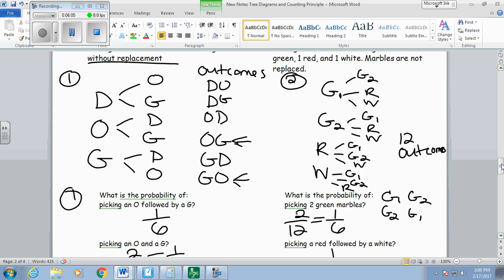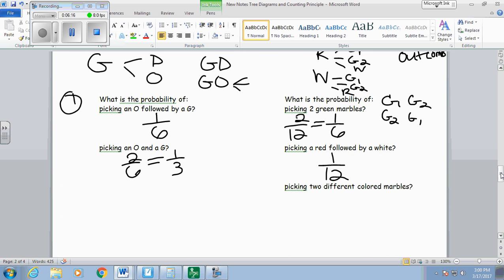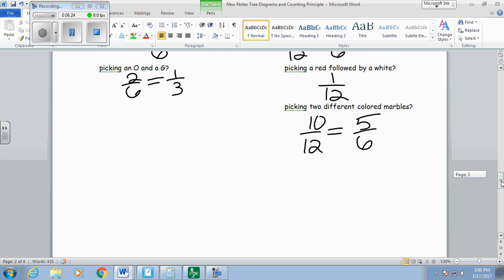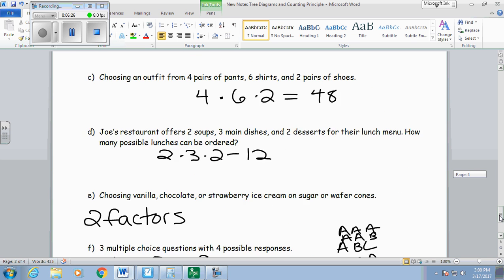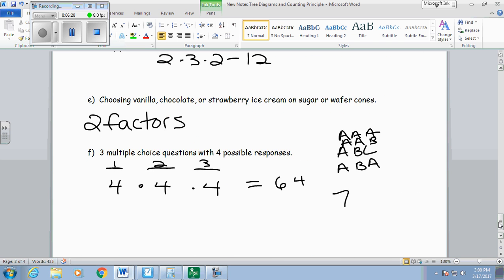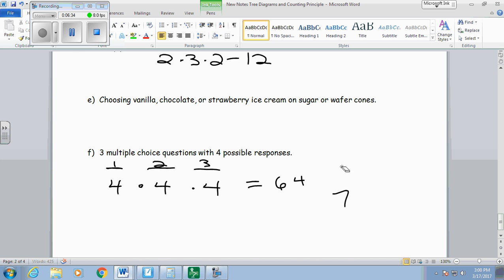Looking at my list, if the probability of picking 2 green marbles was 2/12, then getting 2 totally different color marbles would have to be what's left over, 10/12, which will reduce to 5/6. Or you could go through and count up the list where they have 2 different colored marbles. I believe we also didn't do an E real quick. So let me just erase this right here. For E, I want you guys to go ahead and do that one real quick.